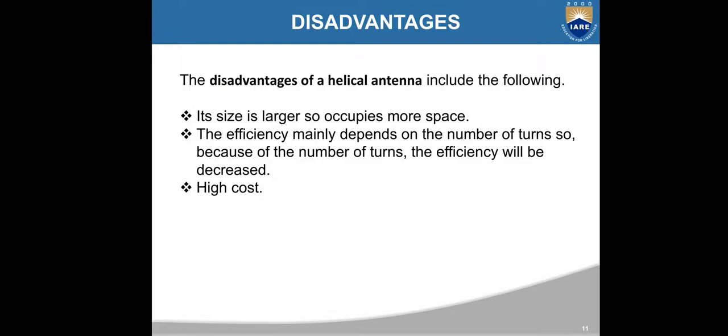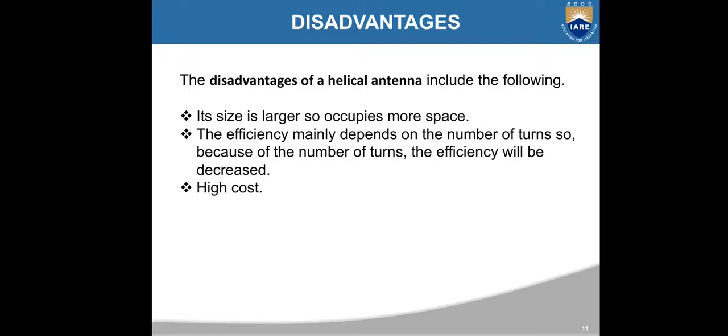The efficiency mainly depends on the number of turns. The more turns it has, the more effective it is; with fewer turns, the efficiency decreases. Because of this we need a large number of turns so that we can easily access it and its efficiency is more.